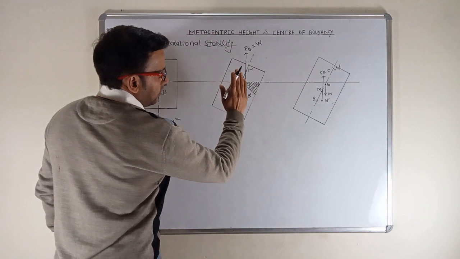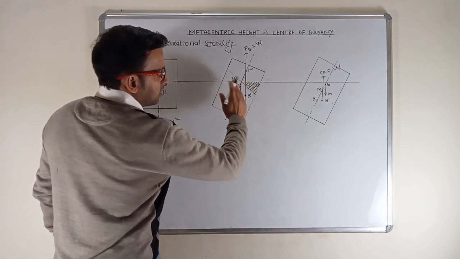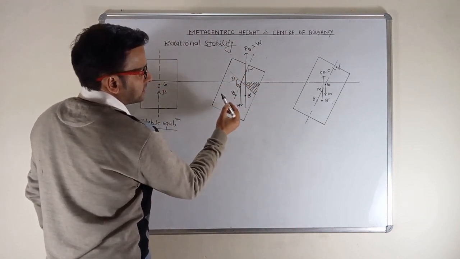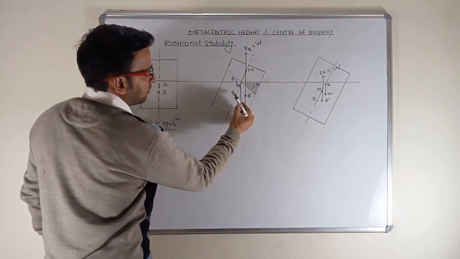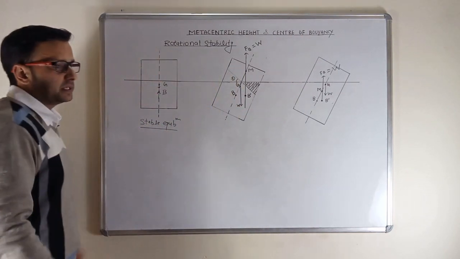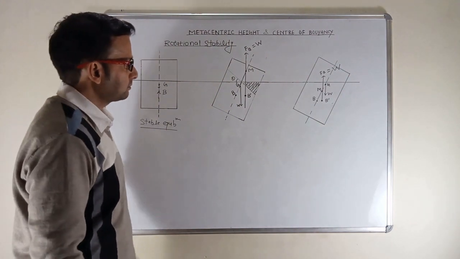If the volume of displaced fluid is more on the right side, definitely its center will shift from B to B dash. It is evident. You can imagine it easily.